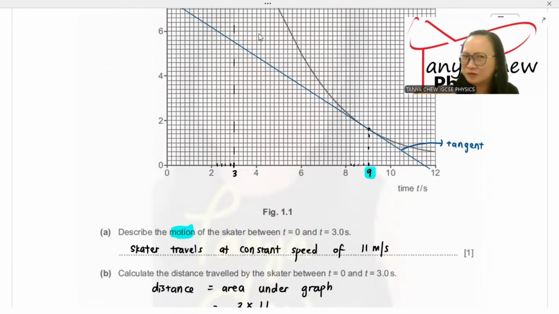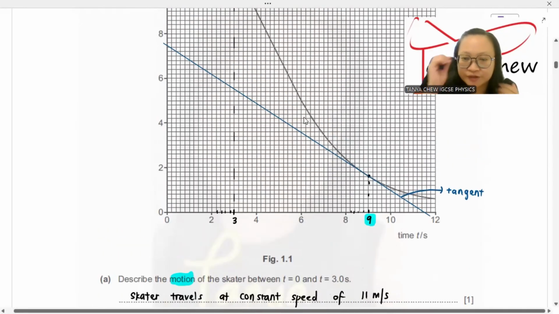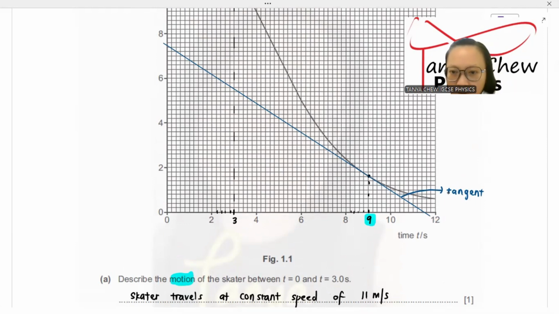And you have to calculate deceleration. Remember, just now I told you that the gradient of the graph represents acceleration. So you need to get a negative gradient to show that the skater is decelerating. Now I have to get 2 points here. Let me show you which points I want to use. I might want to use this one. I check the coordinate first.